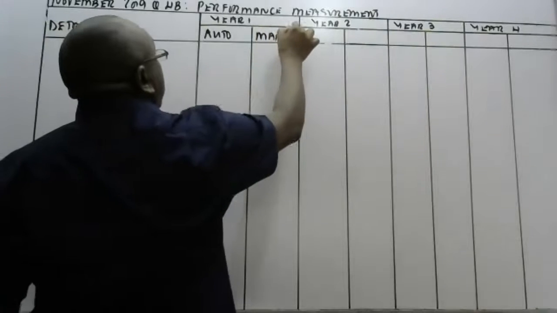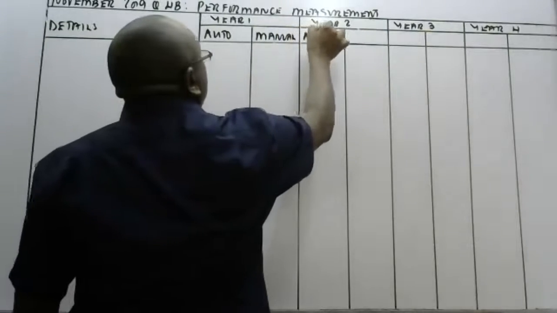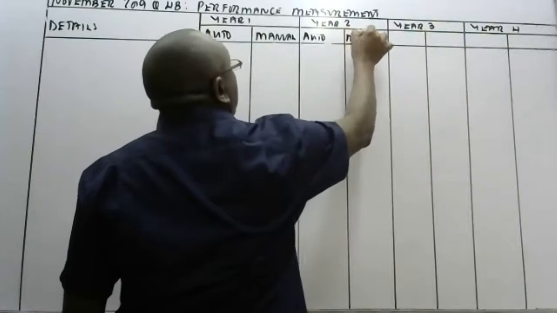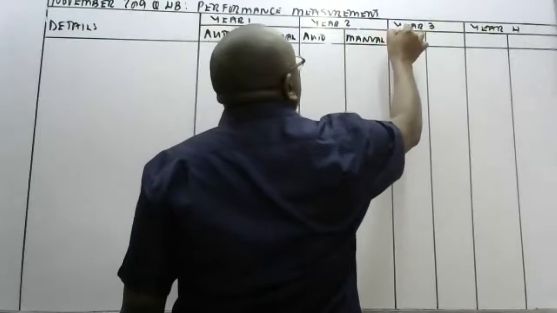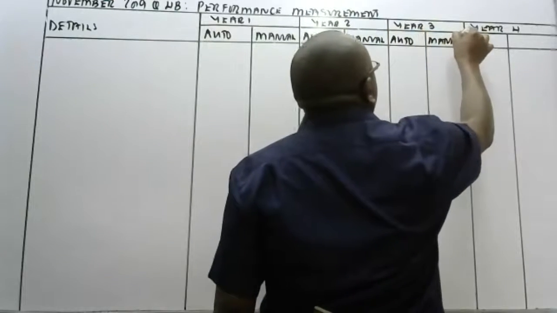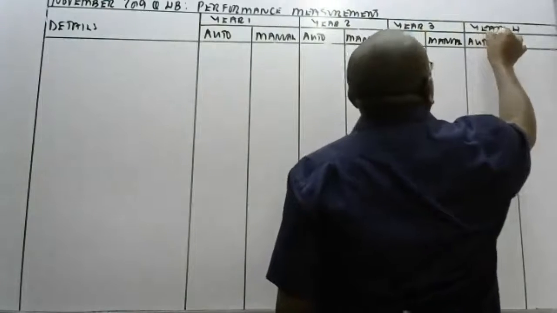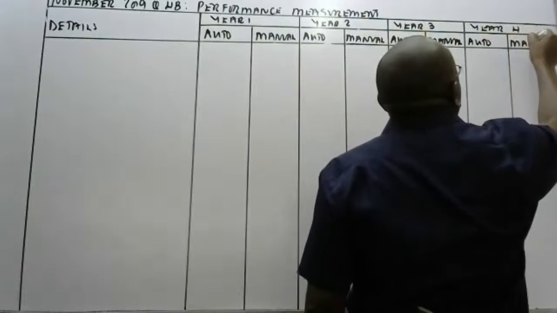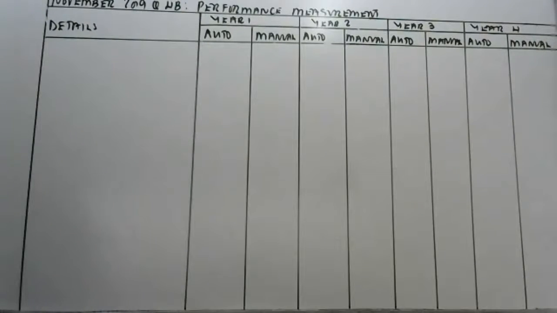Then we have manual, auto, manual, auto, manual, auto, and manual.